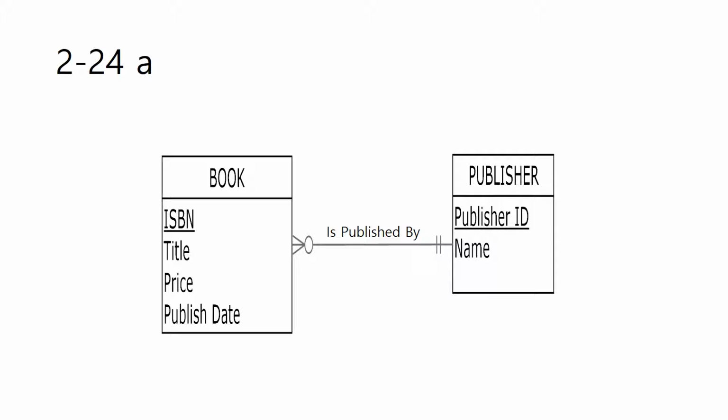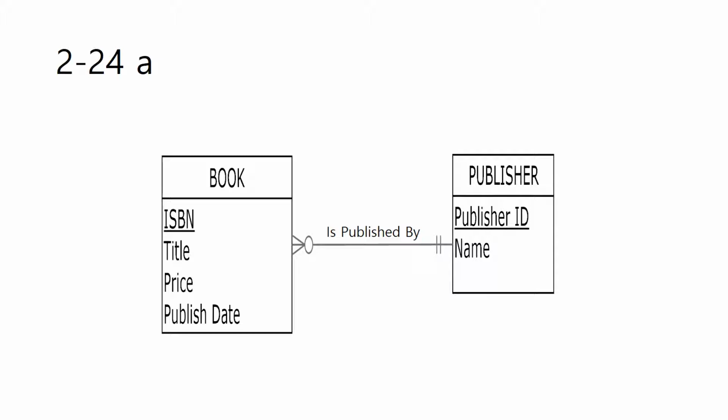The book has ISBN as identifier, title, price, and publish date, and then publisher, where publisher ID must be the identifier, and then a many-to-one relationship. Cardinality: book is published by publisher.